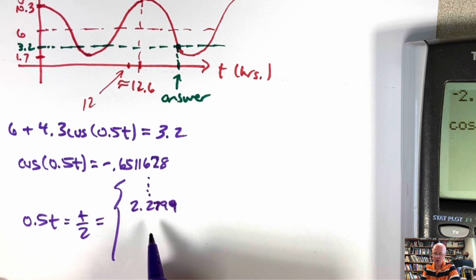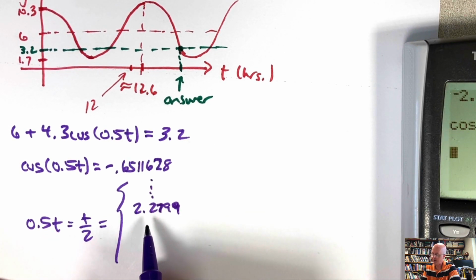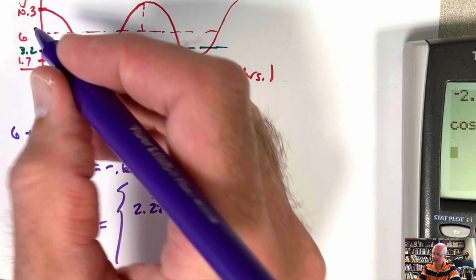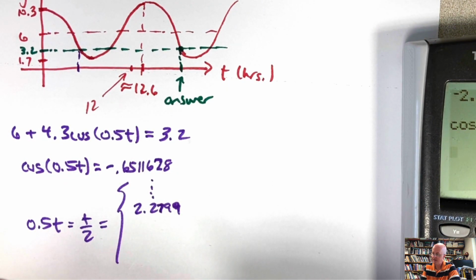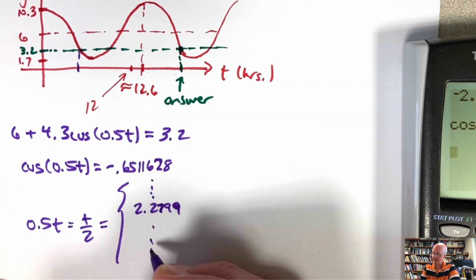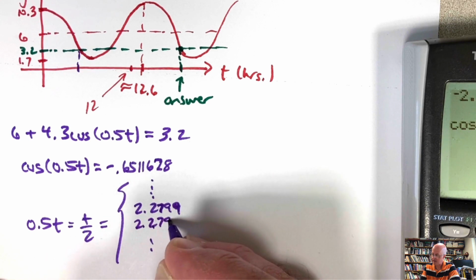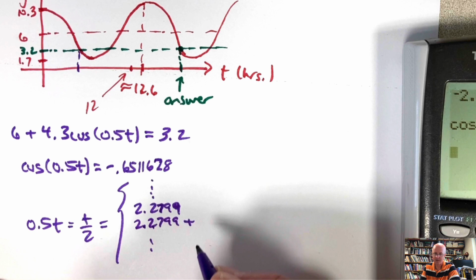If you multiply that by 2, that will give you one value of t. That would be about 4.5 or so. Looks visually like that's going to give us this answer right there. So it looks like if we add a period to that, that's the quickest way to get the answer. Let's see, got to be careful.